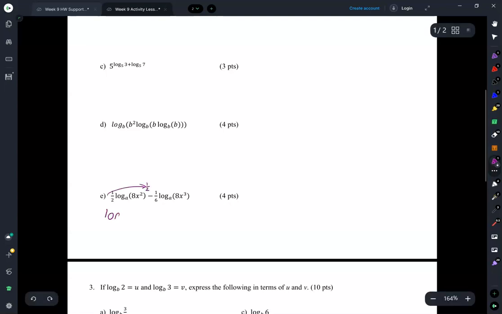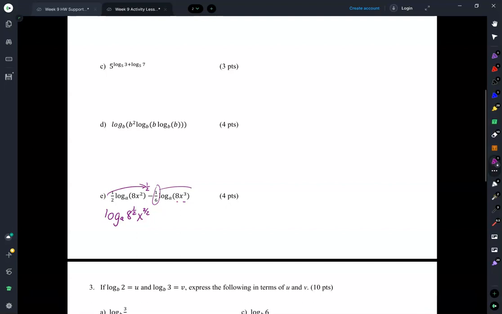So I'll just do this part for you here. Log base A, so that would be 8 to the 1/2 and then x squared to the 1/2. Okay, so that will simplify. Same thing here, you're going to have to do the same process. Make sure you apply that power rule to both factors inside there.